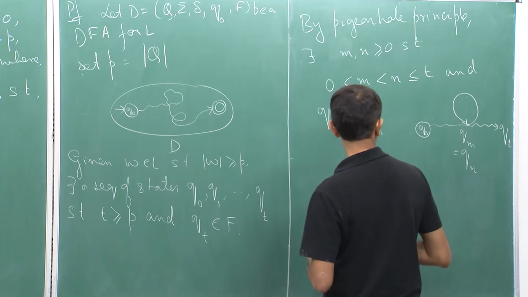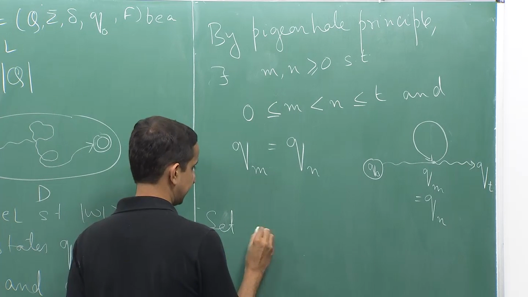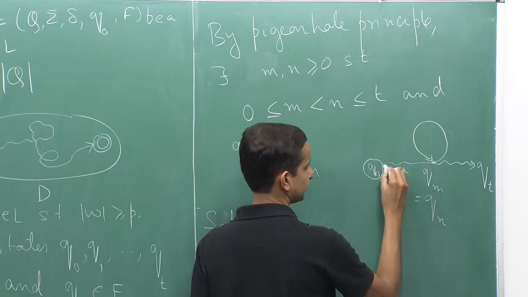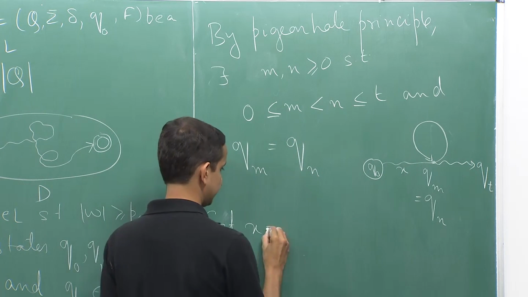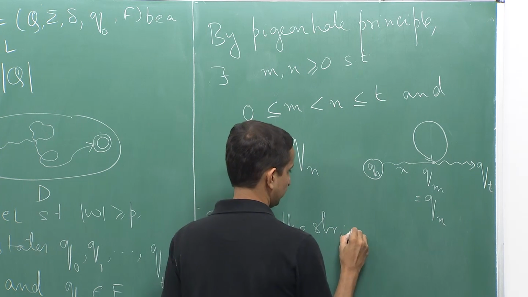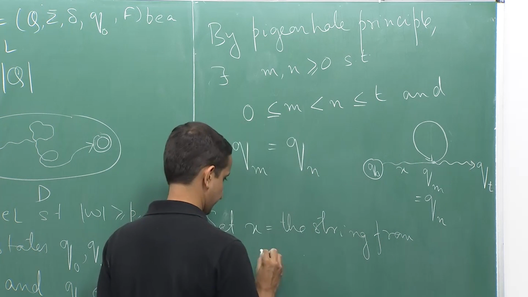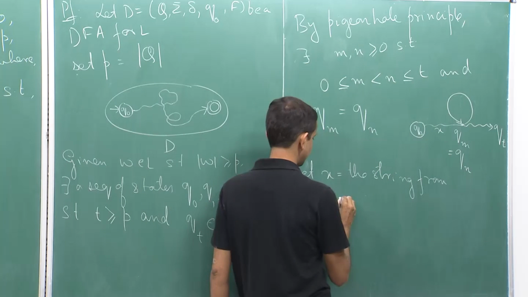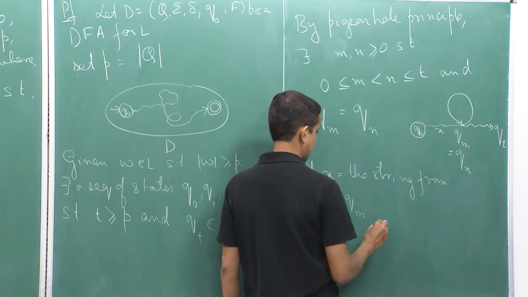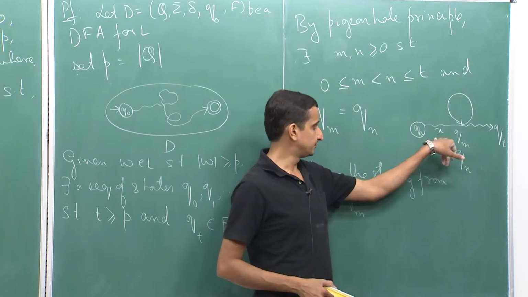Now we set x to be this portion of the string, from q0 to q_m, and let m be the first time there is such a repetition.